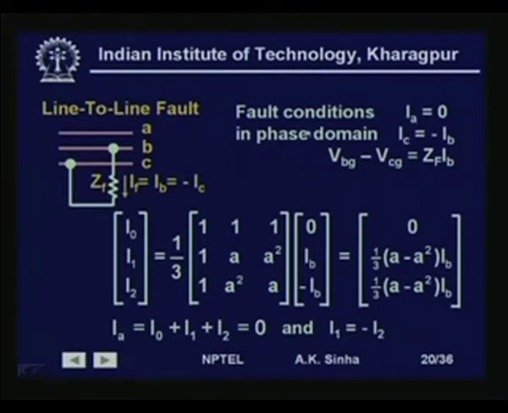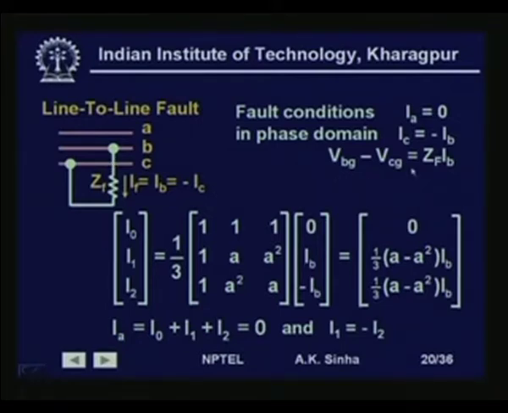So the fault conditions in the phase domain are IA is equal to 0, IB is flowing like this, IC is flowing like this. So IB is equal to minus IC, so IC is equal to minus IB, and we have VBG, that is the voltage from this point to ground, minus VCG, that is VBC, equal to ZF into IB, the current flowing in this direction.